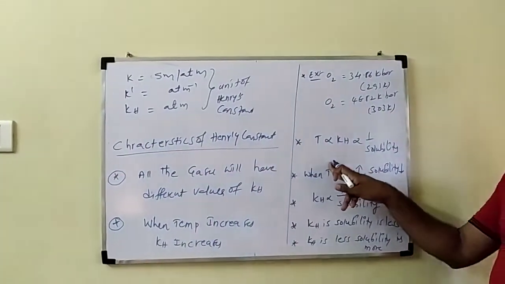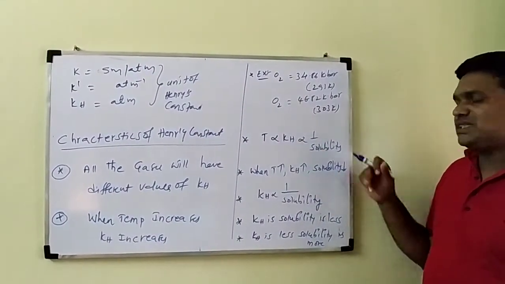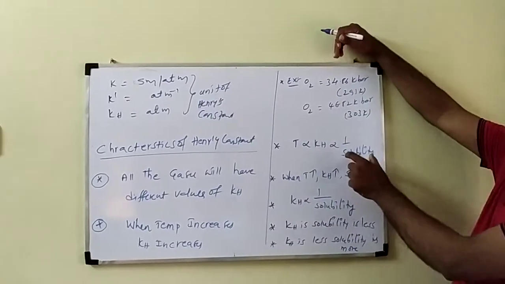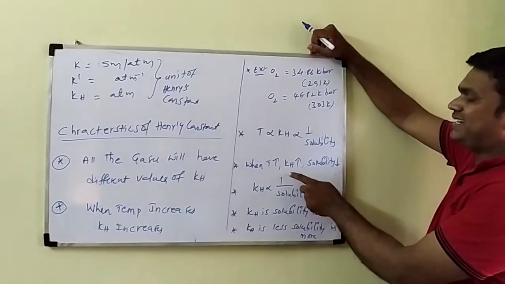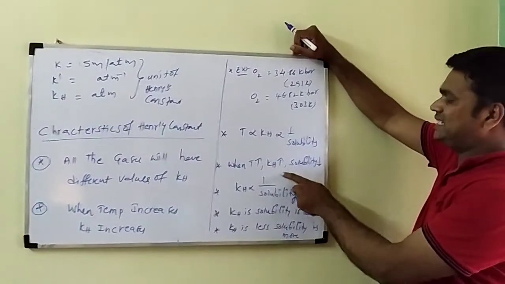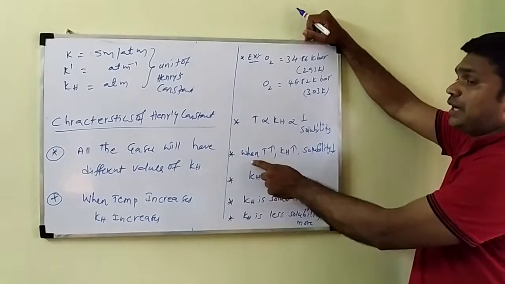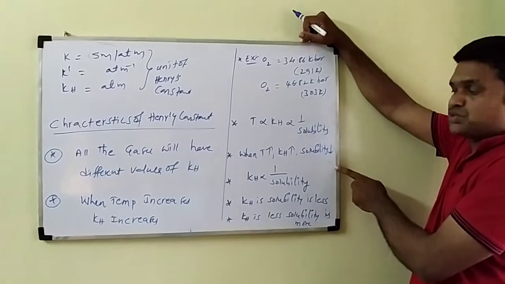Next is a very important point. Temperature is directly proportional to Henry's constant, and Henry's constant is inversely proportional to solubility. From this, one point: when temperature increases, Henry's constant KH increases, then solubility decreases. Again, temperature increases, KH increases, solubility decreases.